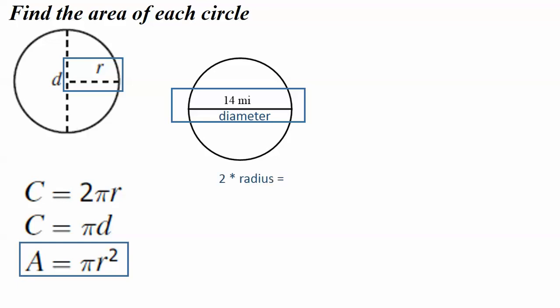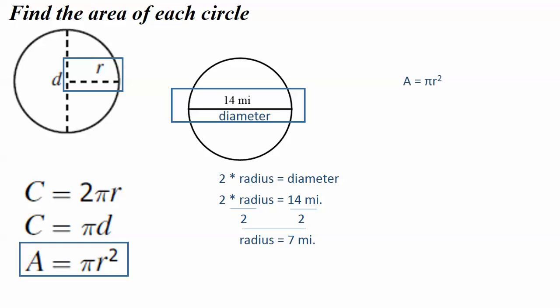Well, I know that 2 times the radius equals the diameter. So 2 times my radius equals my diameter, 14 miles. To isolate that radius, I'll divide both sides by 2. 14 divided by 2 is 7, so my radius, r, is 7 miles.